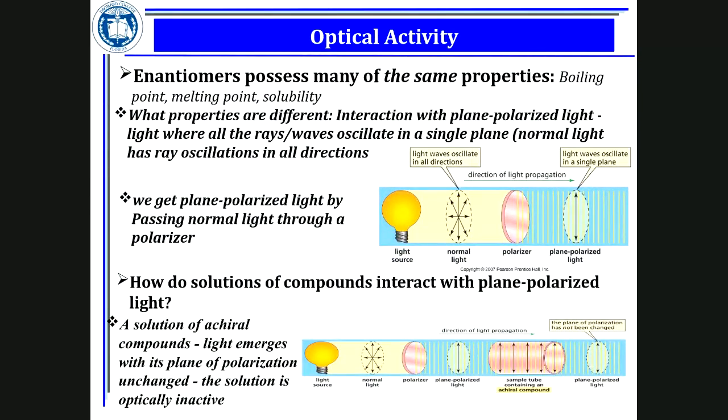Now, if I have a sample holder in here between two filters, between my hands, and it happens that the compound that I have here is not a plain compound, or this compound is optically active, it's going to rotate the light.